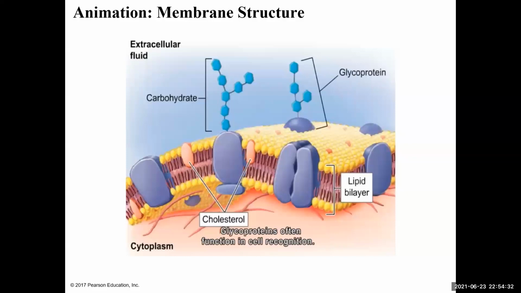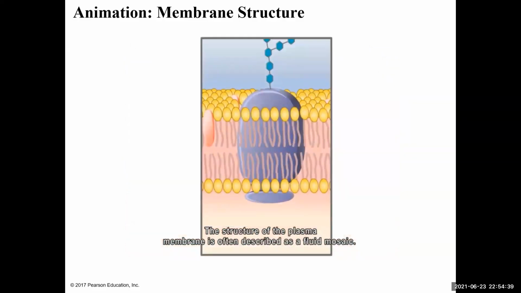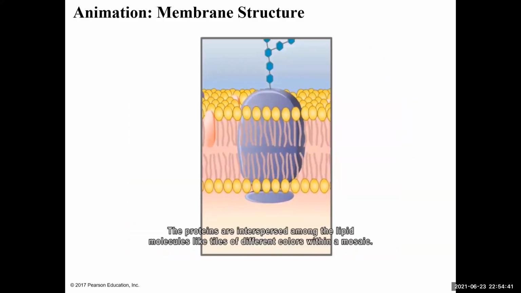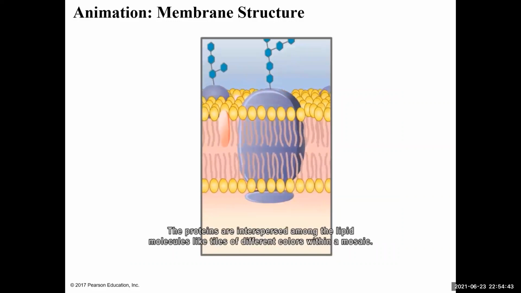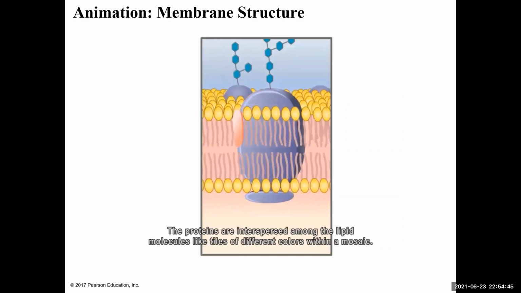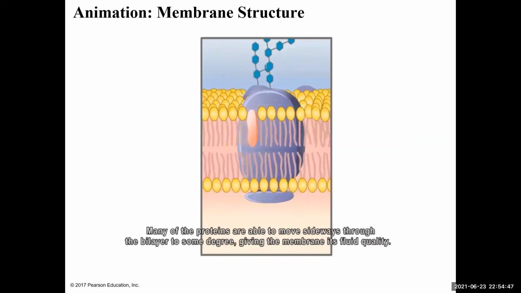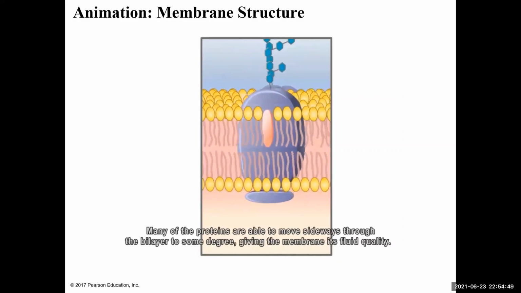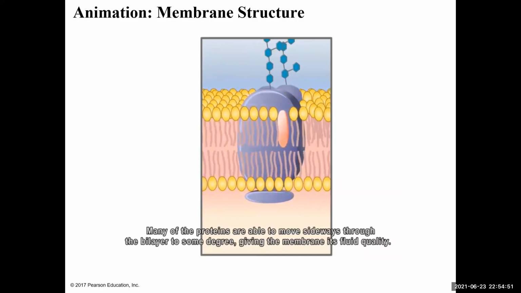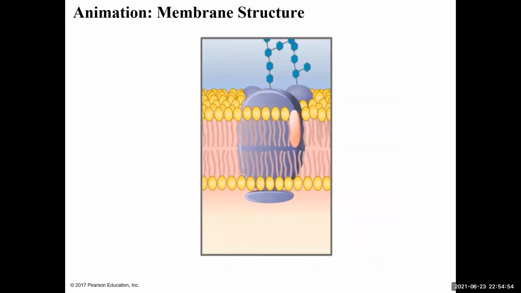Glycoproteins often function in cell recognition. The structure of the plasma membrane is often described as a fluid mosaic. The proteins are interspersed among the lipid molecules like tiles of different colors within a mosaic. Many of the proteins are able to move sideways through the bilayer to some degree, giving the membrane its fluid quality.